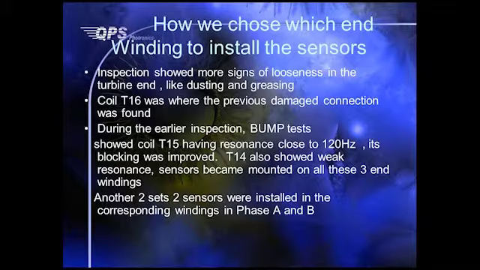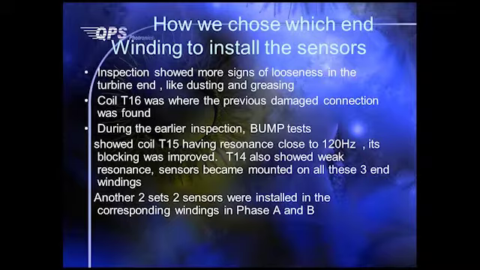And so the coil T16, which is where it was damaged, we have a dedicated sensor there. And also in T15, when they did the bump test, they found the resonance getting close to 120 hertz.